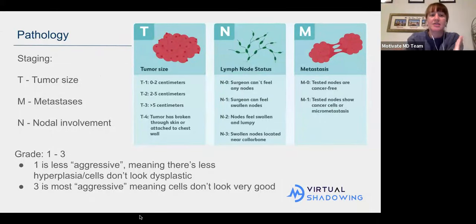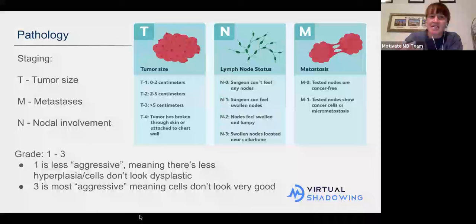So grade of a cancer is different from stage of a cancer. Grade talks about what the cells look like under the microscope. And so one is less aggressive, meaning there's less hyperplasia, the cells don't look dysplastic. What that means, in very fancy terms, is essentially that if it's grade 1, the cells look kind of normal. But if it's grade 3, the cells don't look normal.